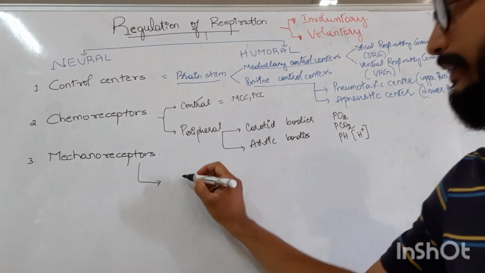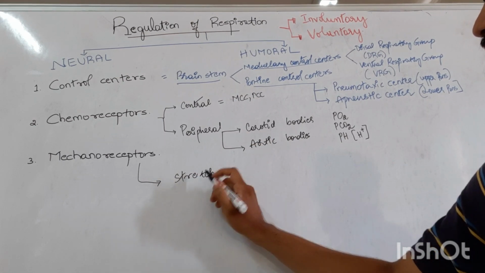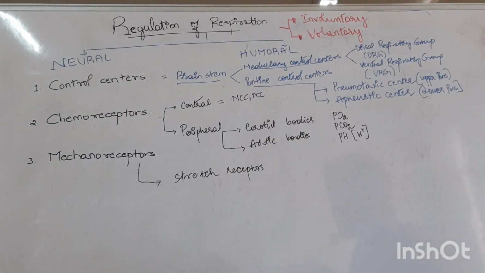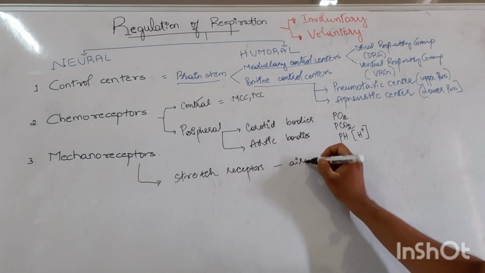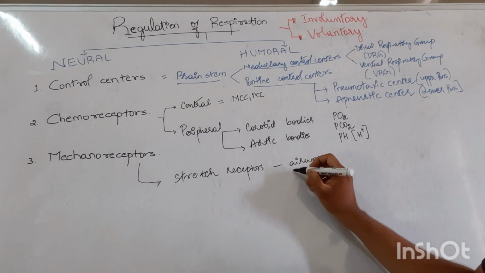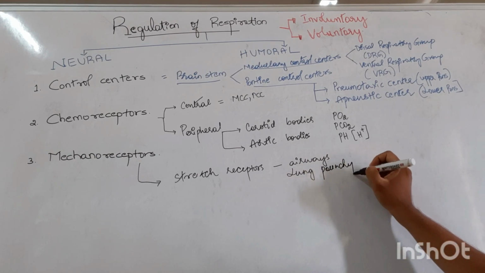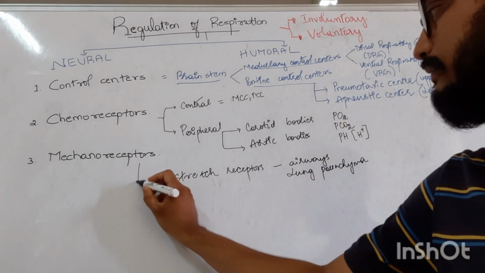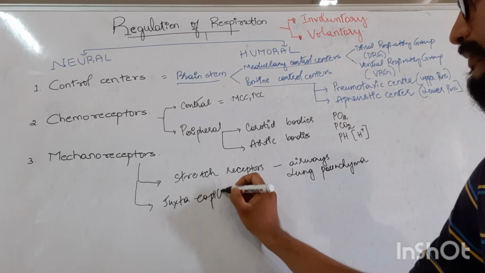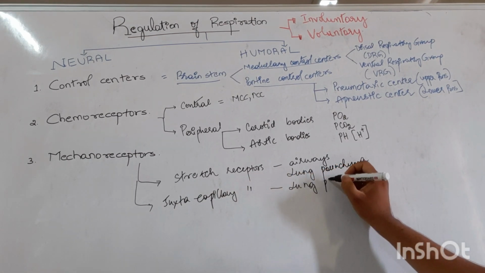Mechanoreceptors, importantly, involve the stretch receptors that are present in the airways of the respiratory apparatus. They are also present in the lung parenchyma.